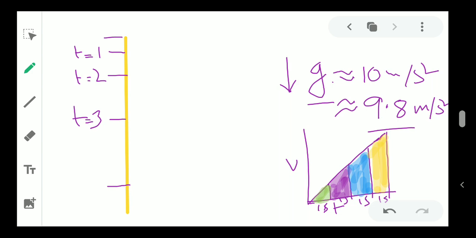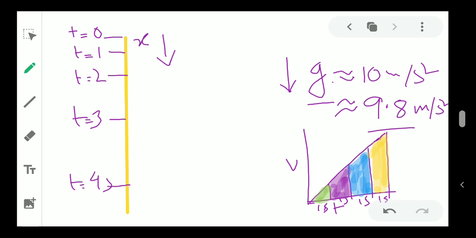The interval is 1, that is 2 minus 1, delta t is 1, 3 minus 2, delta t is 1, but I'm talking about time. So this is 4 seconds, and this is t equal to 0. When the ball or apple is going down, the distance covered is getting bigger and bigger.